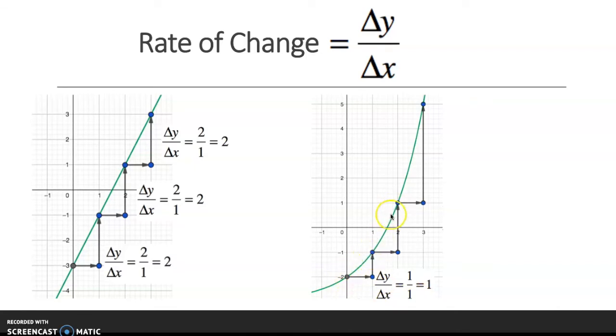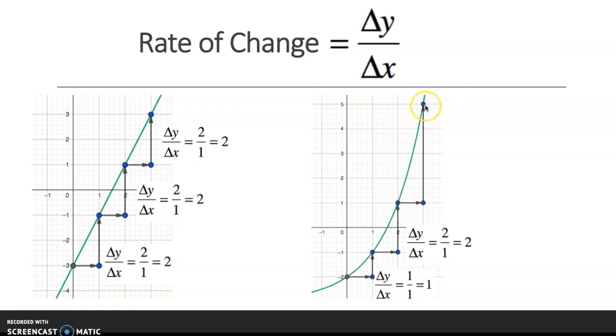If you look between these 2 points, now the change in y, to go from this point all the way up to this point, takes 2 units. So the change in y is 2 units, which gives us 2 over 1, or a rate of change of 2. Let's take these final 2 points.